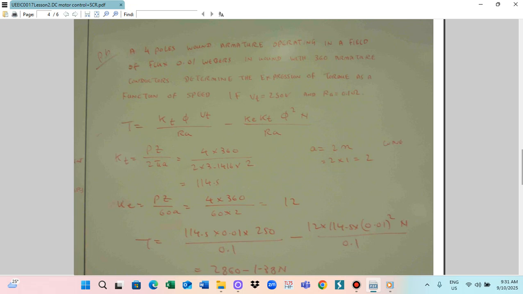Also, we can calculate KT. KT is equal to P Z divided by 2 pi A. So P is the number of poles, Z is the number of armature conductors, and A is the number of armature parallel paths.